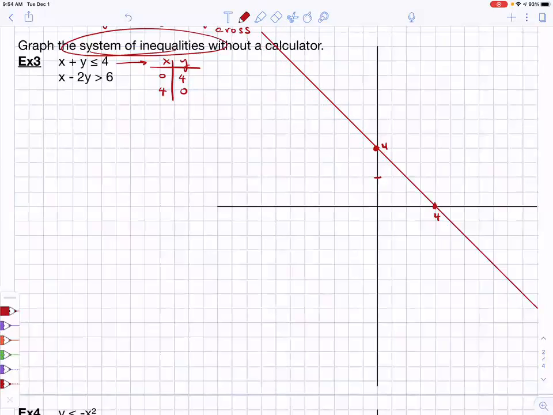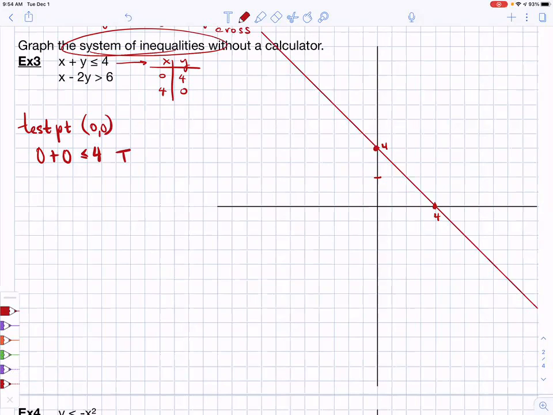Yeah, where is the shading going to be? Should I go above or below? Now, my y is not alone. So what would you use for shading? Okay. What test point would you like to use? Totally. So when we plug that in, it's going to be 0 plus 0 is less than or equal to 4. Is that a true statement or is that a false statement? It's a true statement. So that means 0, 0 gets to go to the party.